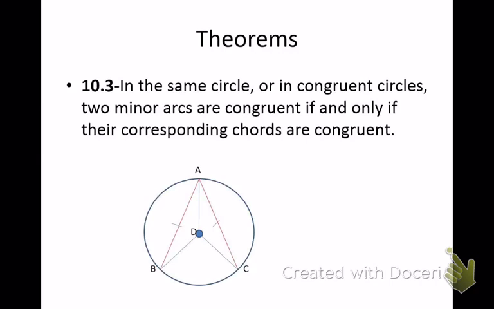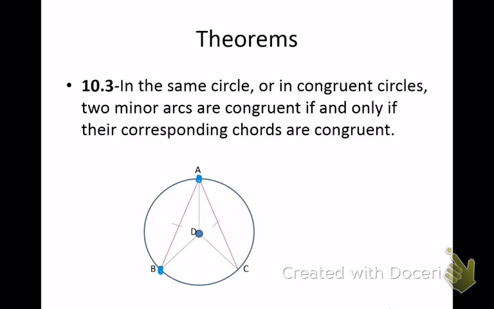So what we need to understand is every time we talk about a minor arc, so arc AB, there are endpoints, A and B. Well, those endpoints can be endpoints of segments as well, which are chords. So every minor arc has a chord that corresponds to it, and vice versa. Every chord has a minor arc that corresponds to it.